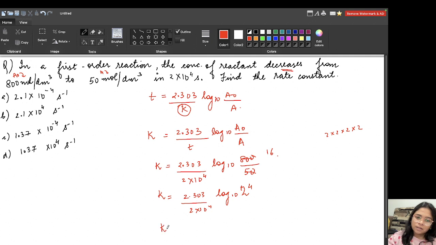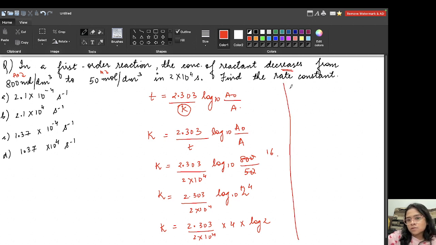How will you solve it? k equal to 2.303 upon 2 into 10 to the power 4 into 4 into log 2. What is your log 2? 0.3. So what will you get? k equal to 2.303 upon 2 into 10 to the power 4 into 4 into 0.3.